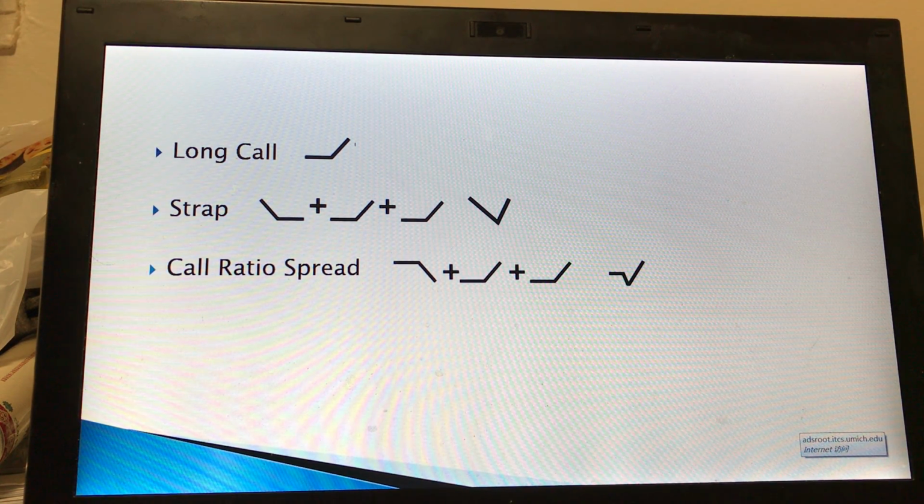The third strategy is the call ratio spread, which is one short call and two long calls at a higher strike price.